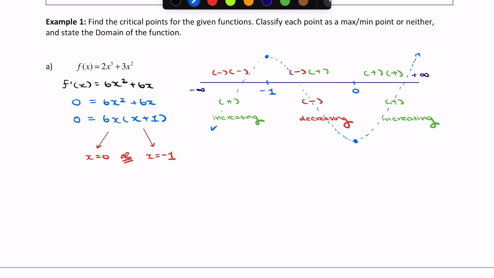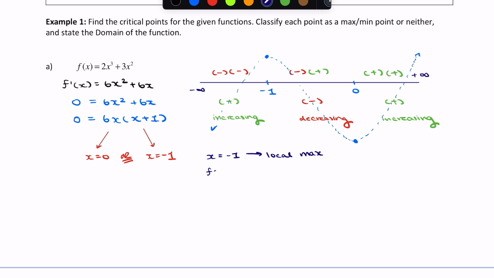So here we see that, again, at x is equal to -1, there is a local max. And here we can sub that value in.